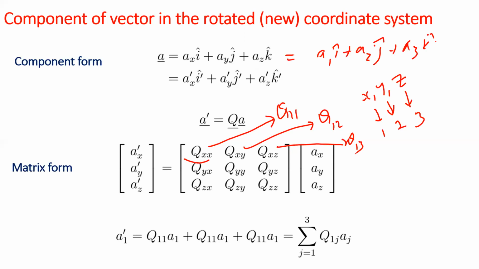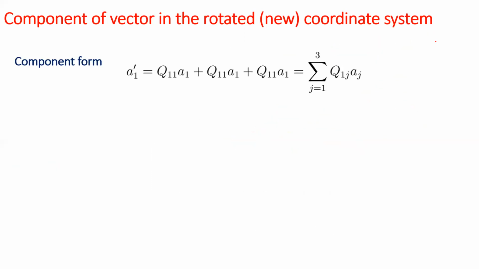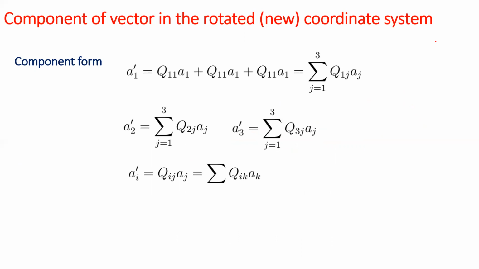So in component form, I'm just rewriting the same first term, and likewise you can have the second term and the third term. Now this implies a summation. I've written it for our convenience, but we don't have to use this summation sign.